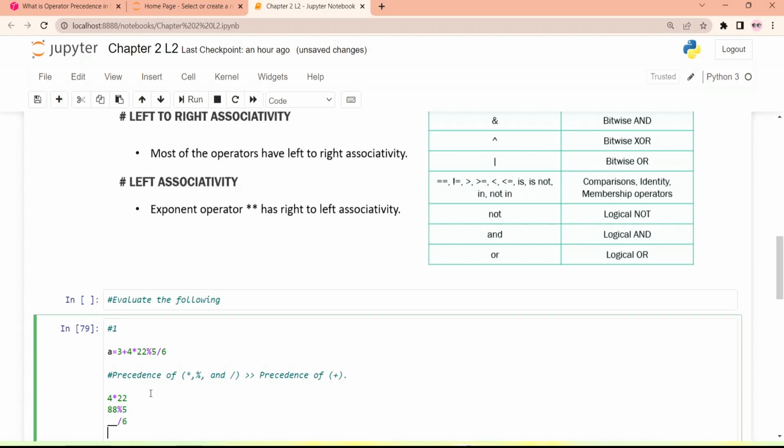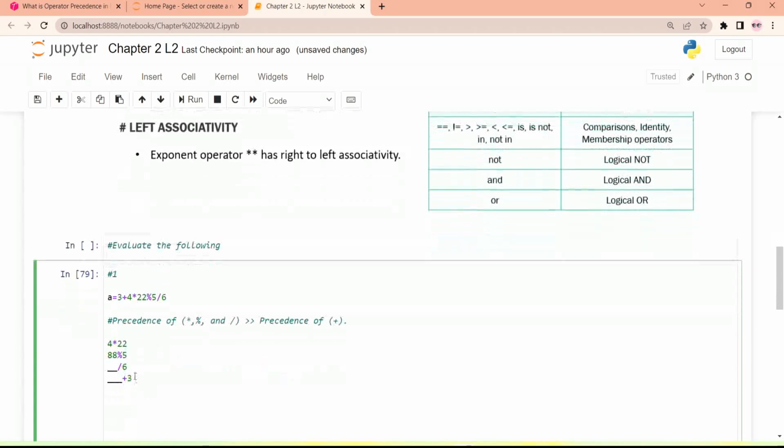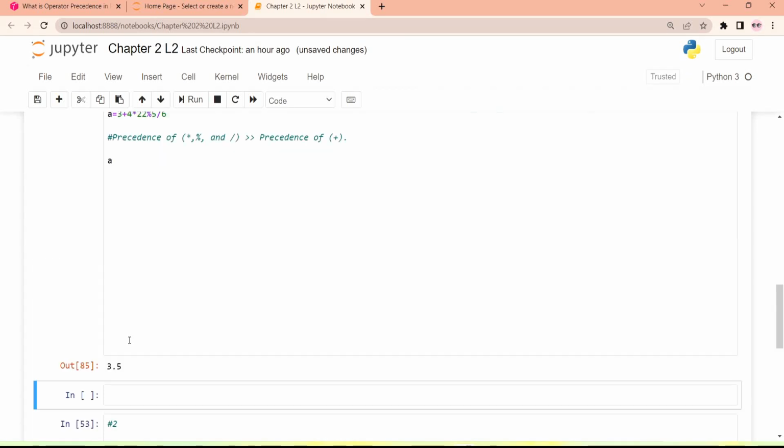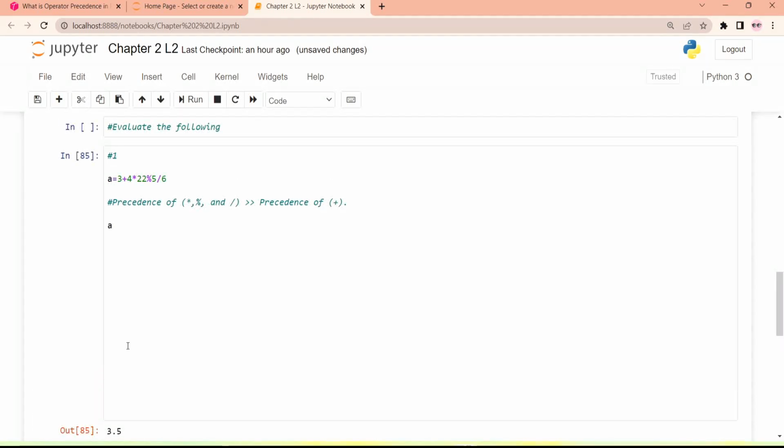Now the result will be added with plus 3. I hope that's clear. Now let us print this. You can see the result is 3.5. If you evaluate individually, the answer will also be 3.5. If you have got a different result, please let me know in the comment section.